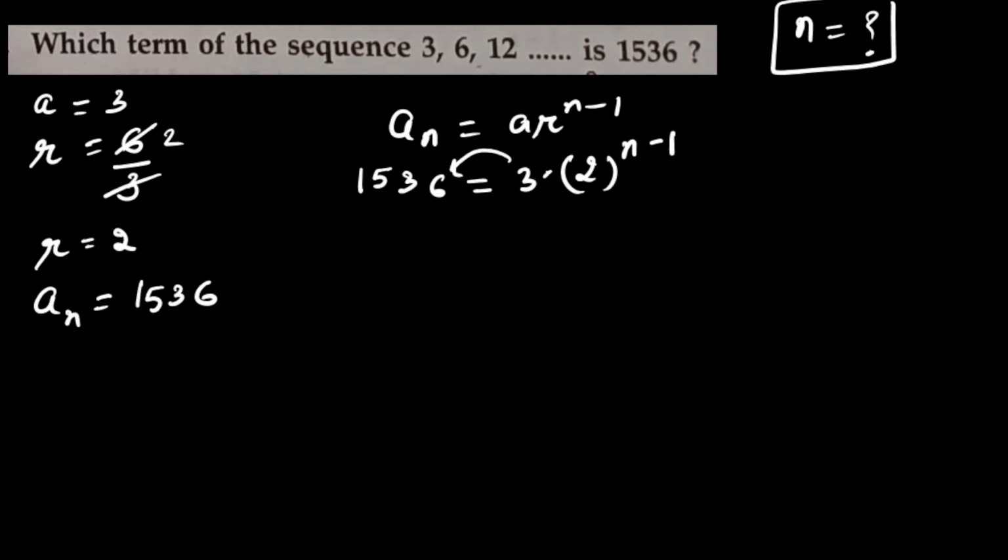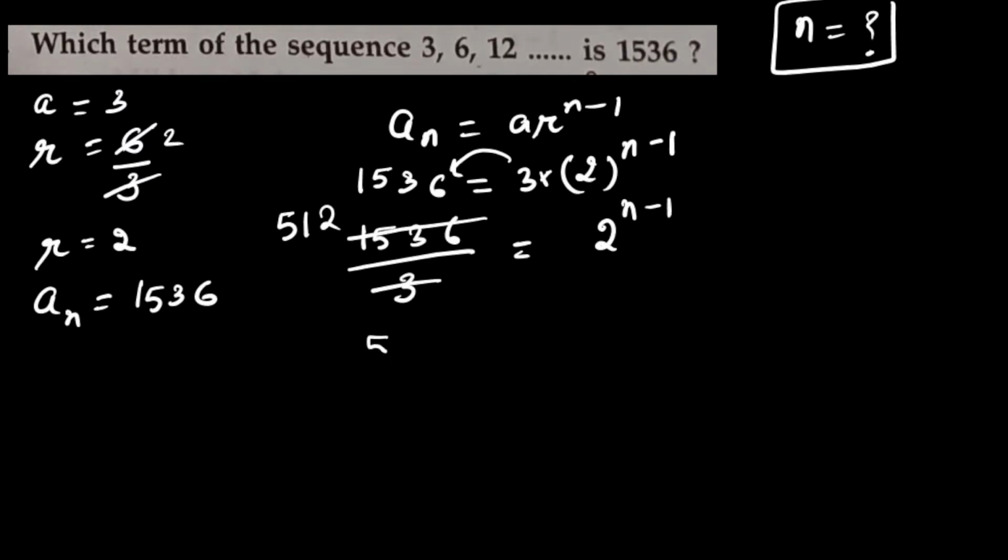Here 3 is getting multiplied, so on the other side it will get divided. 1536 by 3 equals 2 to the power n minus 1. Now let's do cancellation, and I'll get 512 equals 2 to the power n minus 1.